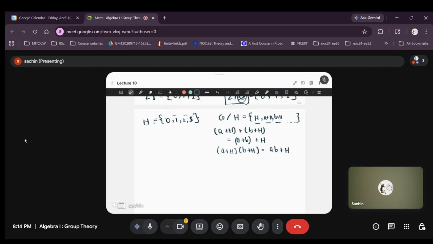So this A plus H, B plus H and all will form a partition of G. Is that clear?